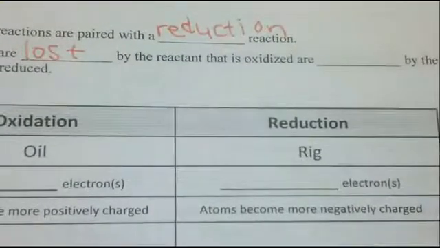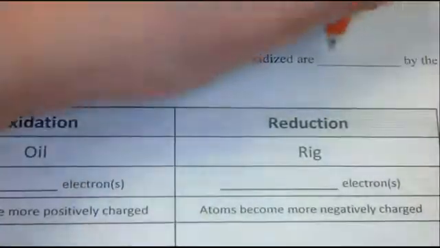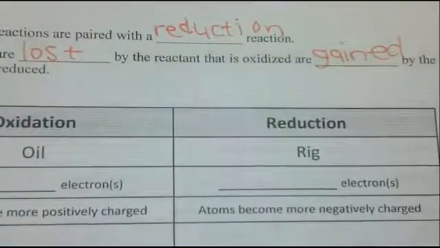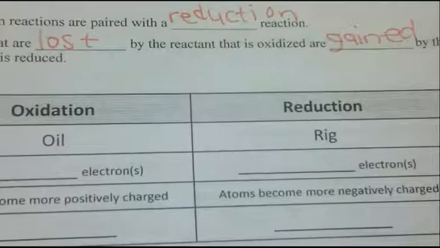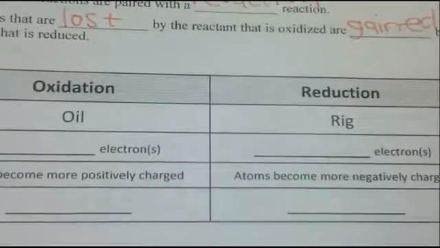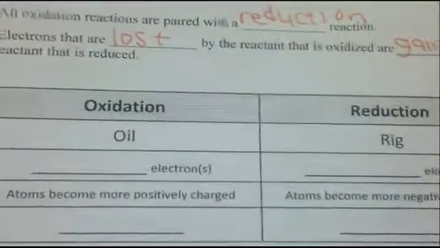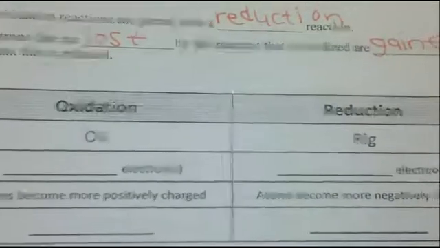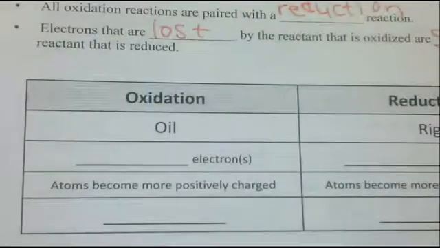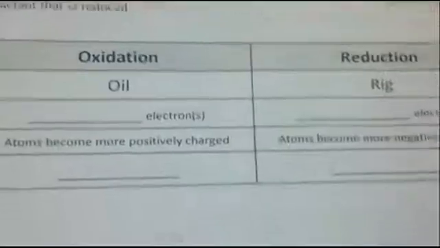So this is a good way of thinking about that. In ionic bonding, the electrons are transferred from the metal to the nonmetal, and that's really what we're talking about with oxidation reduction here. So electrons are lost by the reactant that is oxidized and gained by the reactant that is reduced.